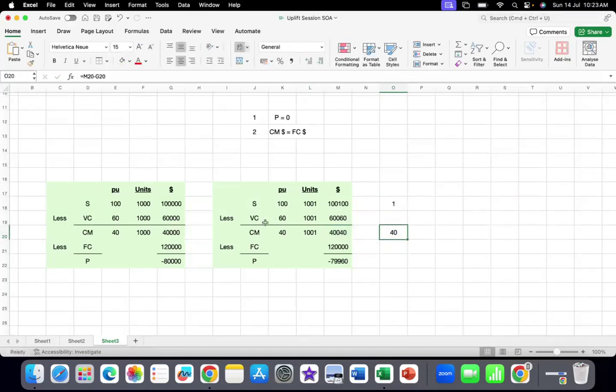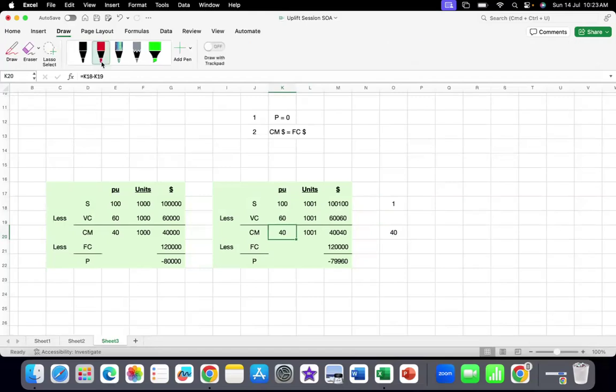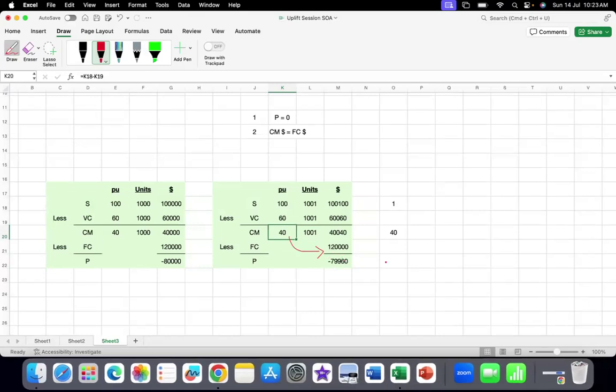So it was increased by the per unit amount. And this 40 was used to recover the fixed cost for 1 unit. That's why if you see the difference, the net difference came down to 40.